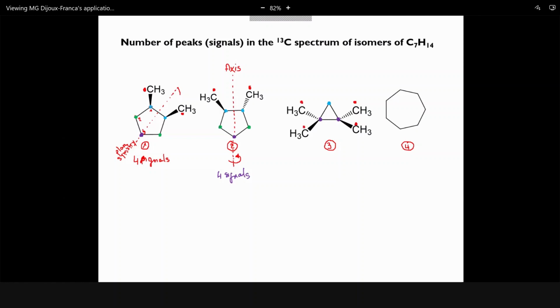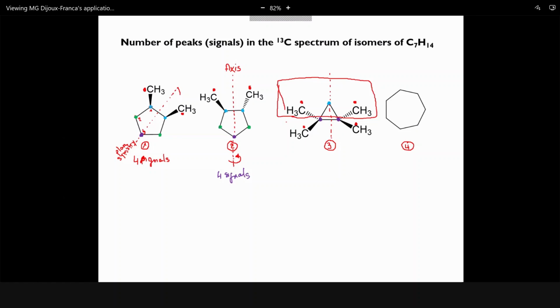Why? Because we have both an axis of symmetry and a plane of symmetry. I don't know how to draw that, but we have a plane here. You understand what I mean?